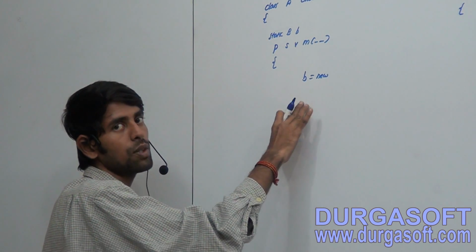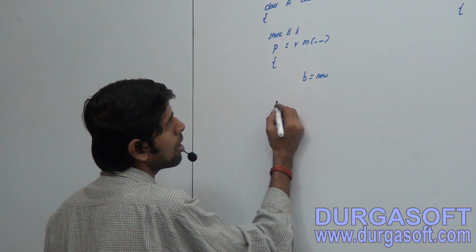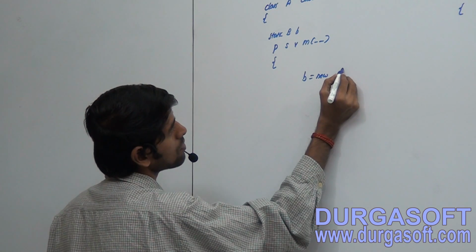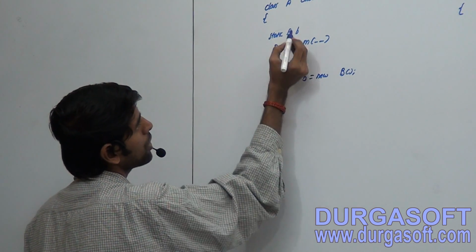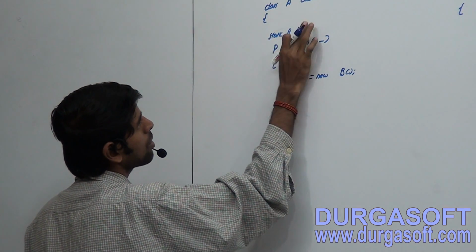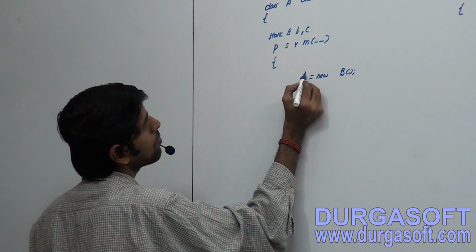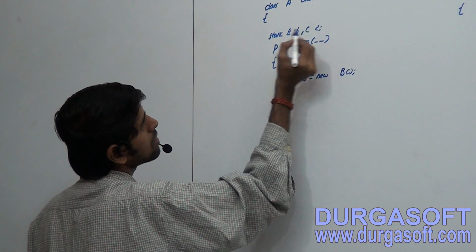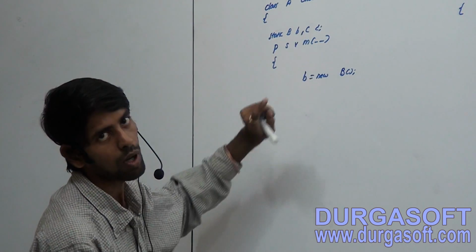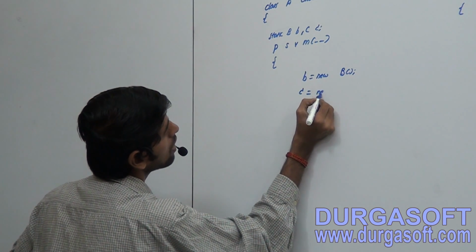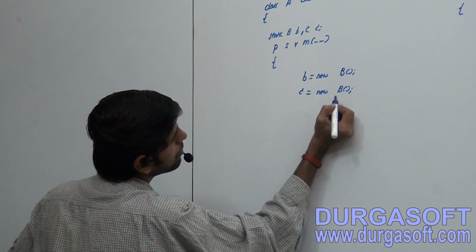I am going to use this in future, that's why I am doing this. Then I am going to create one more static variable of type C, small c, try to understand, it is small c, no need to get confused. Now small c equals new B.